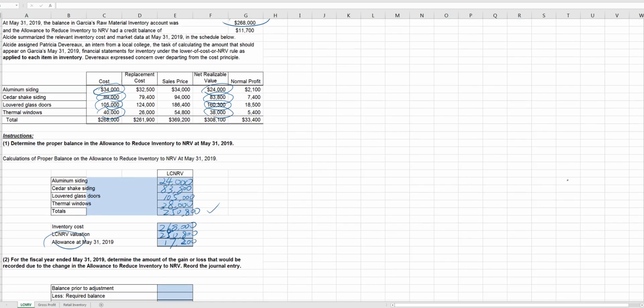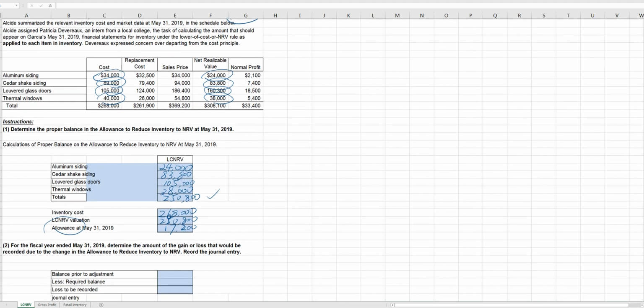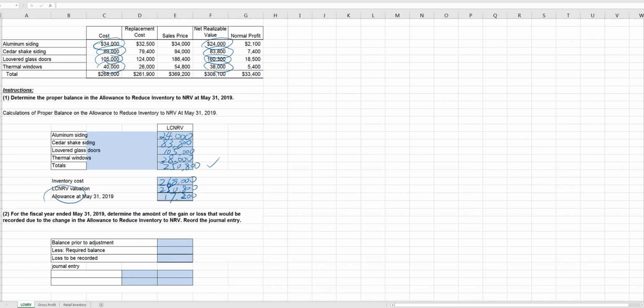And how do we achieve this allowance? Remember, currently we have an 11,700 allowance, but that's not enough. We need 17,200. So we need adjusting entries to make a bigger allowance. The difference is negative, which means we have a loss.